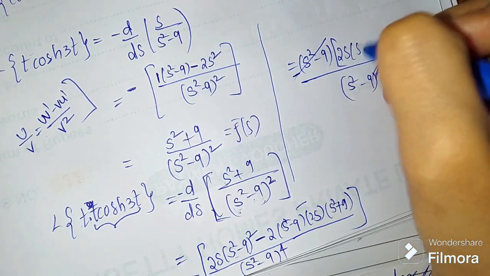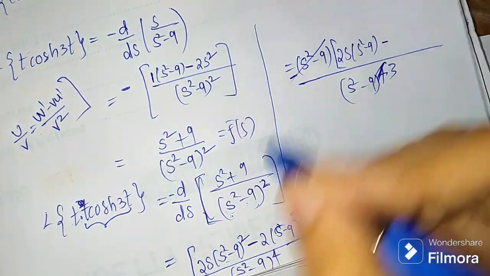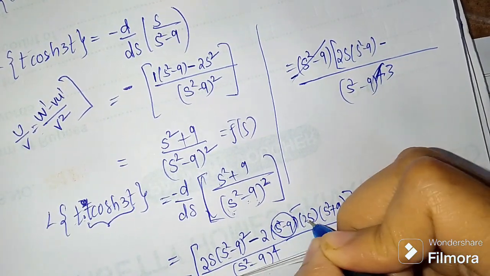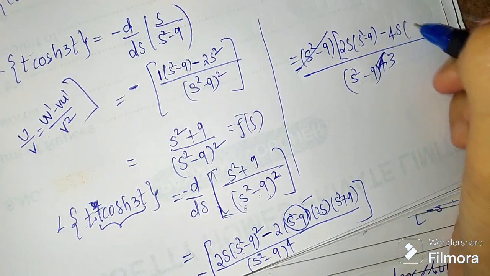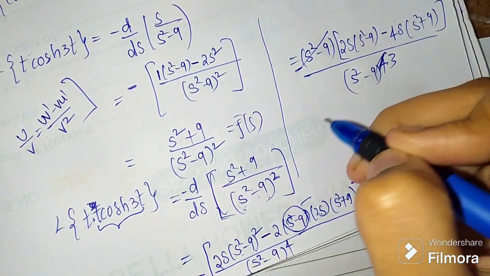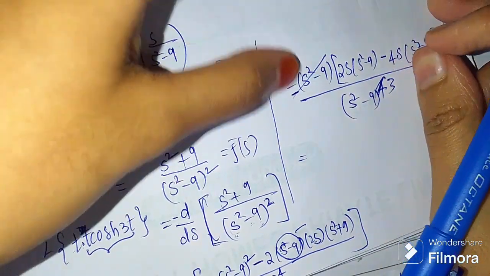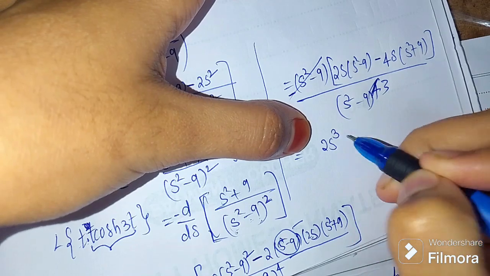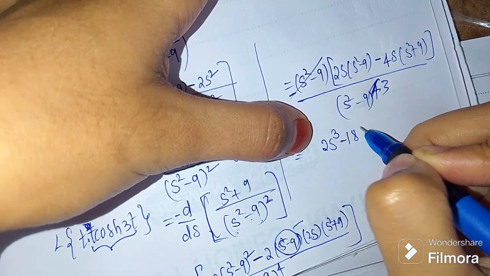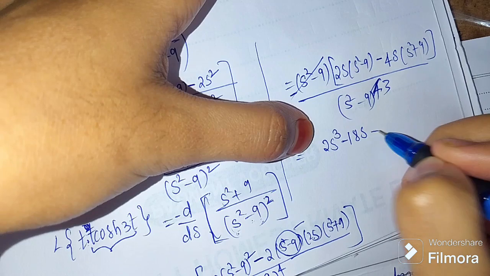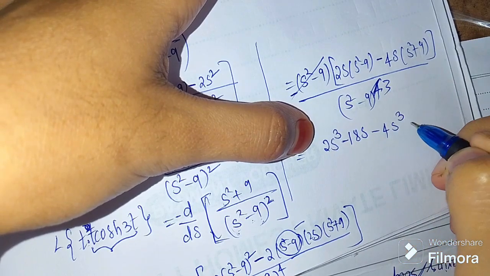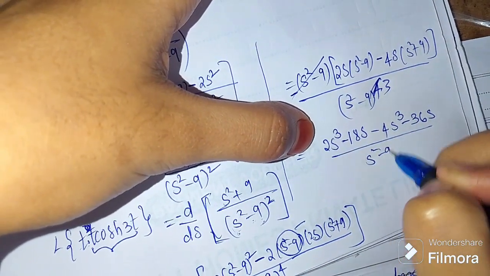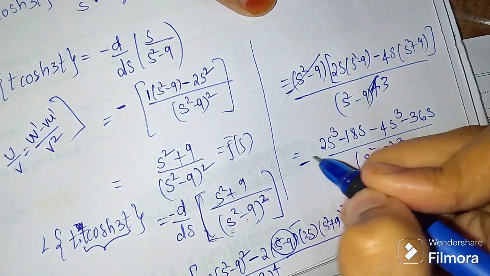So 2s into (s square minus 9) minus 4s into (s square plus 9). If you solve this, you will get 2s cube minus 18s minus 4s cube minus 36s by (s square minus 9) whole cube, and minus is there.